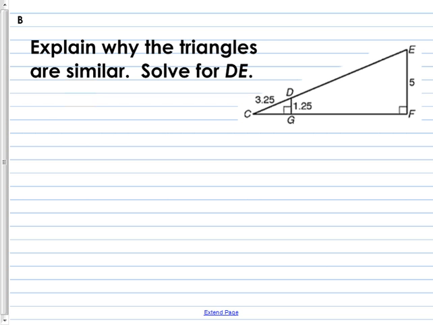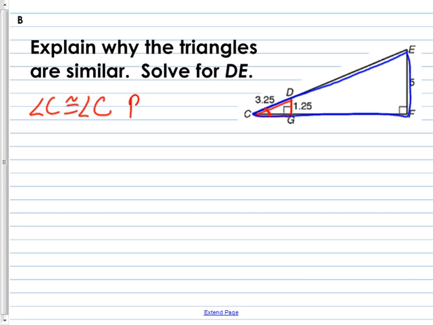So first of all, I have two triangles. I have triangle DCG, and I have triangle ECF. Okay? So I notice, first of all, that they both share angle C. So angle C is congruent to angle C. And what property allows us to do that?